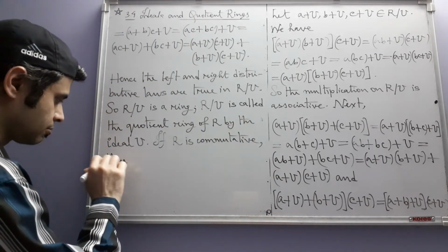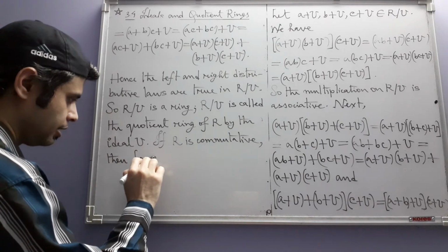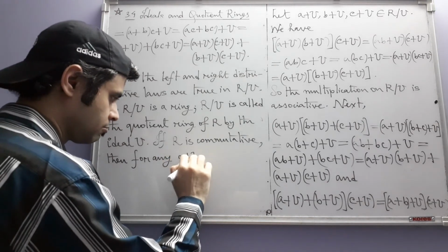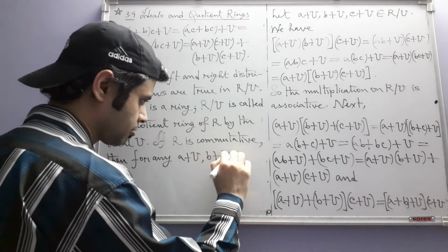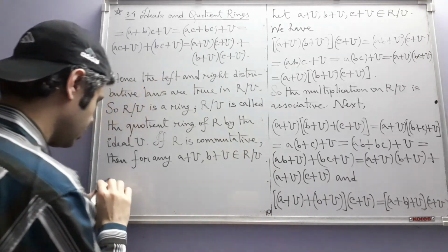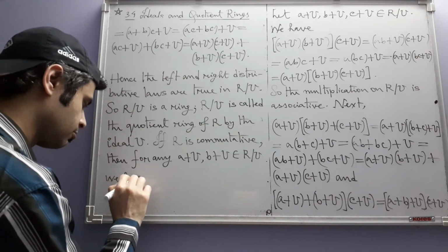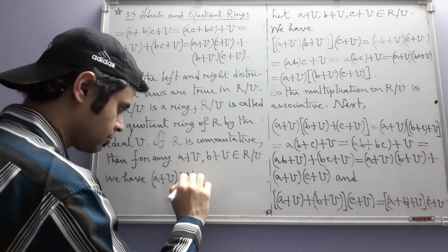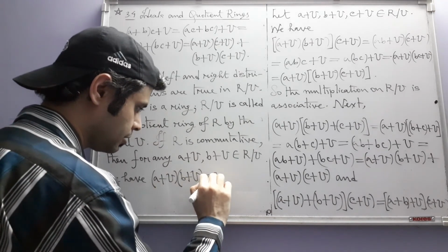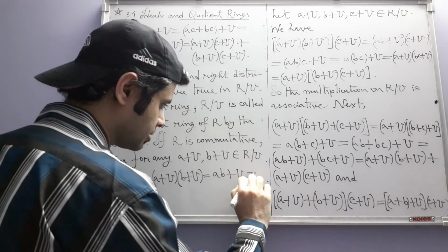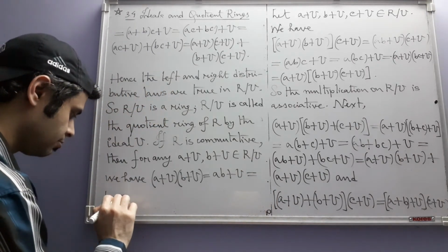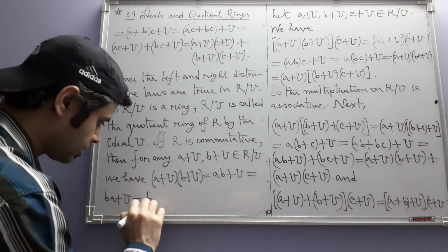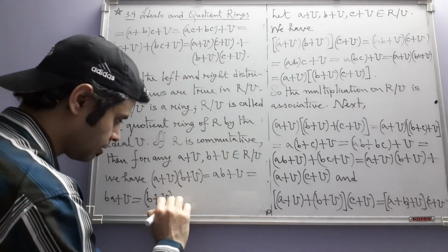Then for any two elements in R by U, we have (a plus u) times (b plus u) by definition is ab plus u, but this is also equal to ba plus u because now R is commutative, so ab equals ba, and this again is equal to (b plus u) times (a plus u).